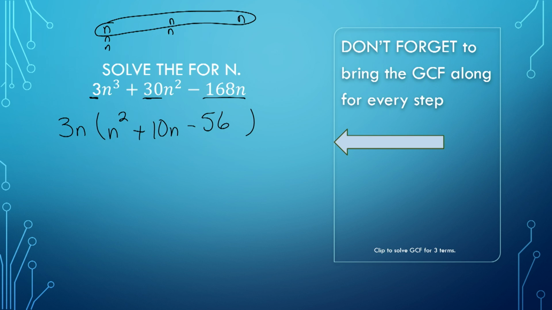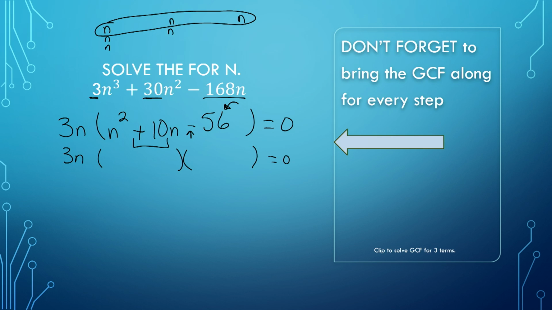So now that I have what's left, let's go ahead and factor this. Remember, I'm setting this equal to 0, solving for my zeros. We have always said that this 3n is like bad luggage, so we're just going to drag it along. And now I am factoring. Remember, when we factor, what are the factors of 56 that will subtract to give me a positive 10?